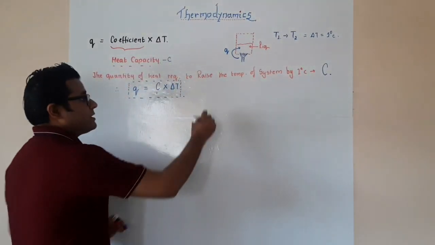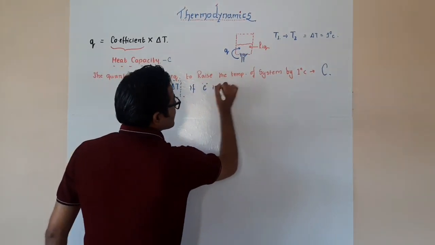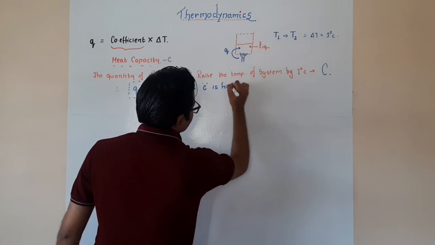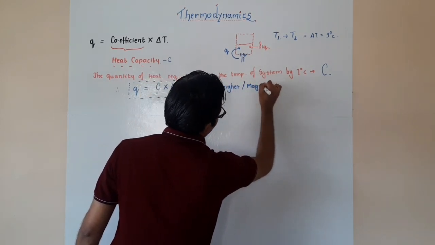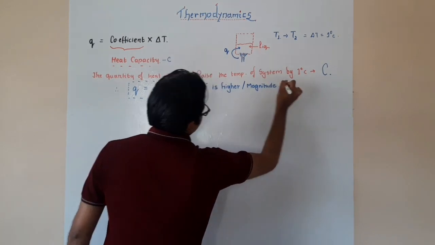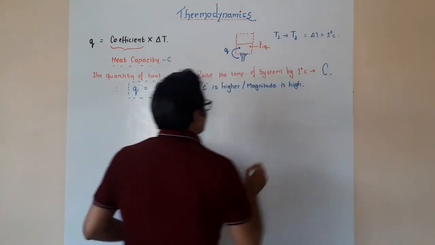Okay, so if C is higher, or if its magnitude is high, then what is going to happen?